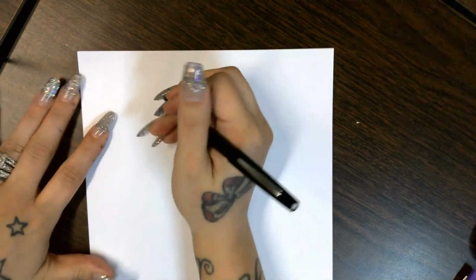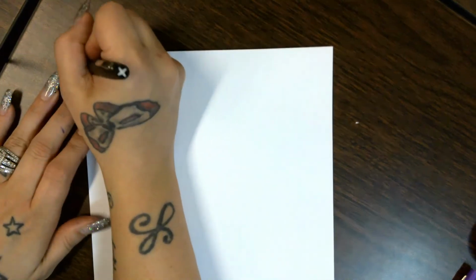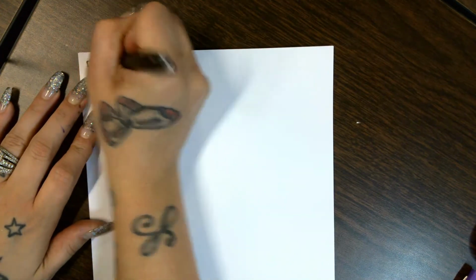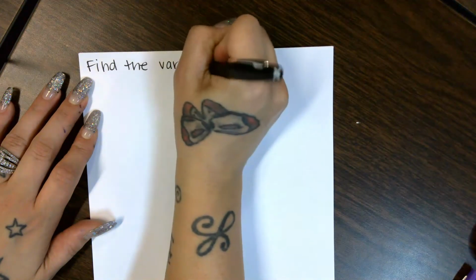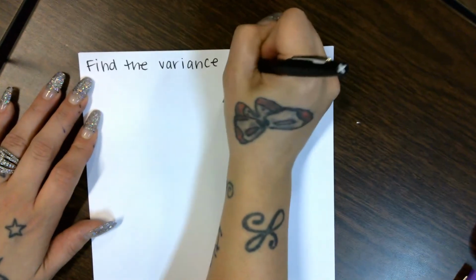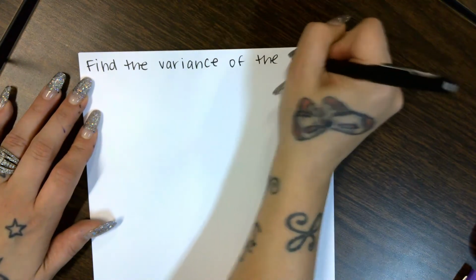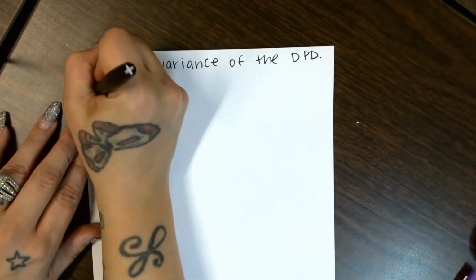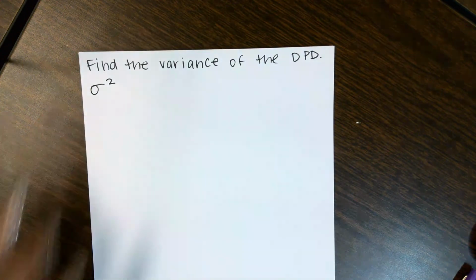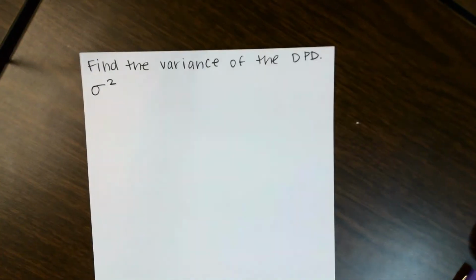Okay. Now we need to find the variance. We use this different formula. Find the variance of the discrete probability distribution. The variance was that sideways looking 6 with the square on it.